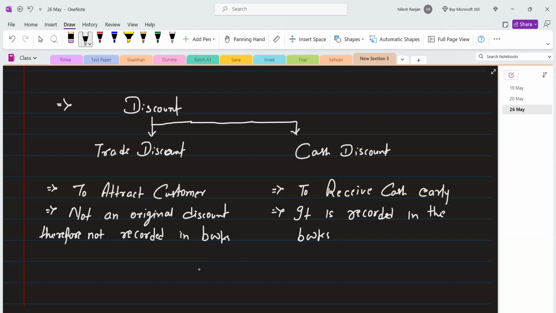Now, on which amount is it calculated? Trade discount is always calculated on the sale price, or you can say list price, MRP.